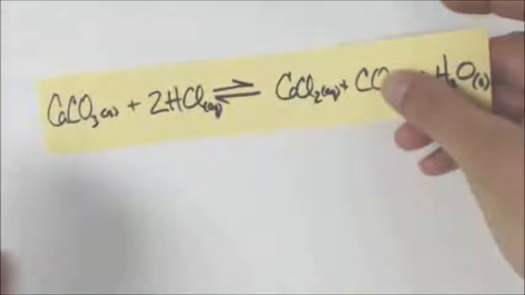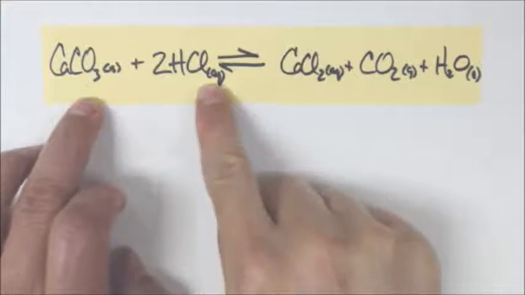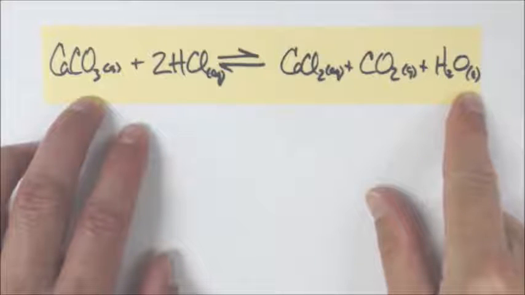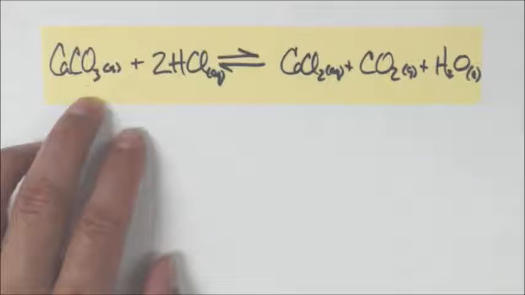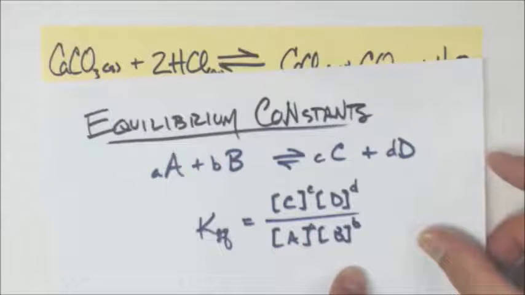Let's talk about one more thing with equilibrium constants, and that's what you do if there's a variety of states of matter. So this is calcium carbonate as a solid, HCl aqueous, calcium chloride aqueous, CO2 is a gas, H2O is a liquid. When we look at equilibrium constants, it wasn't mentioned before, we write the products over the reactants.